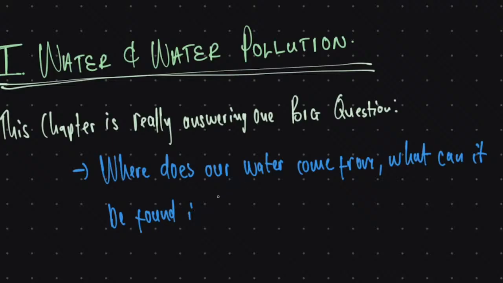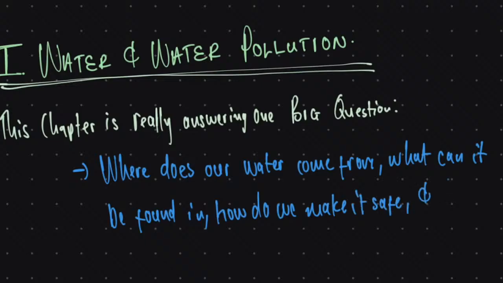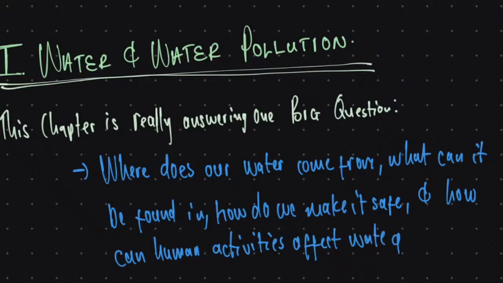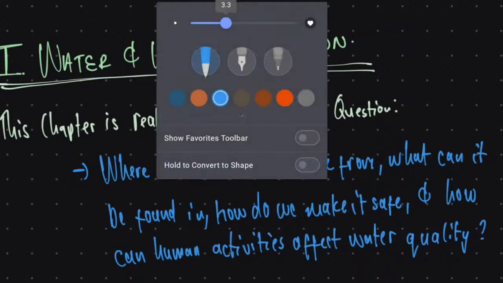And how can human activities affect water quality? So the questions are: where does our water come from? What can it be found in? How do we make it safe? And how do human activities affect water quality?